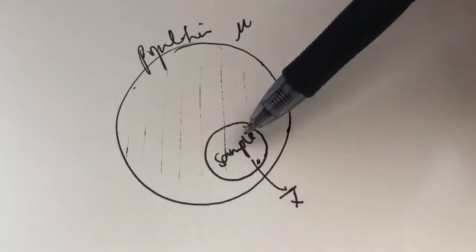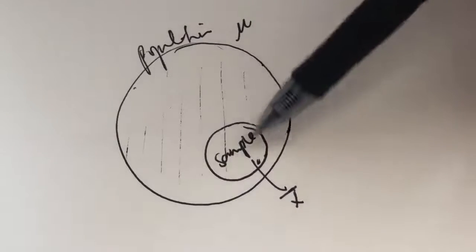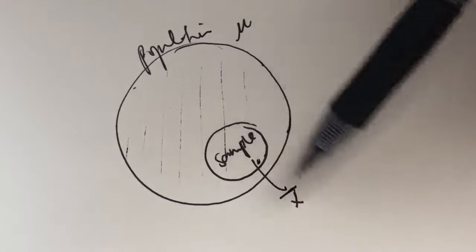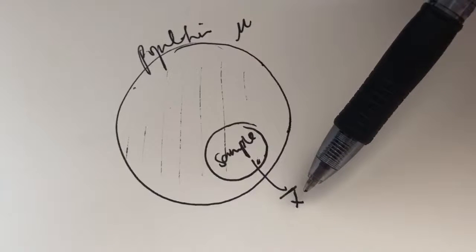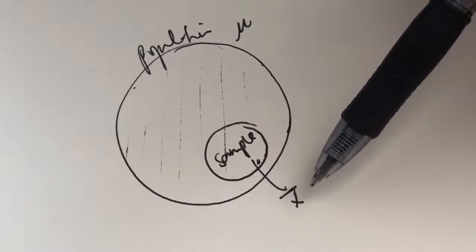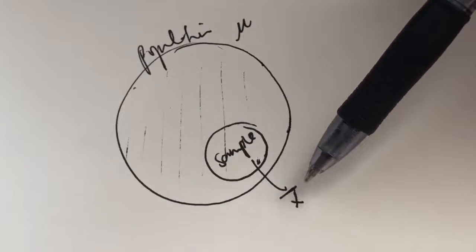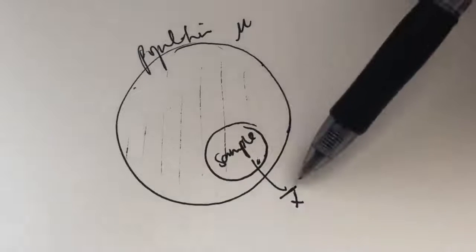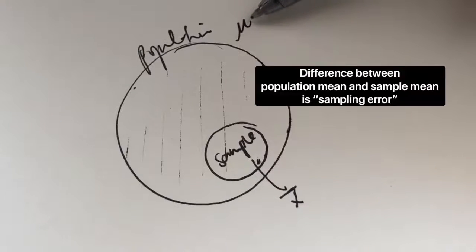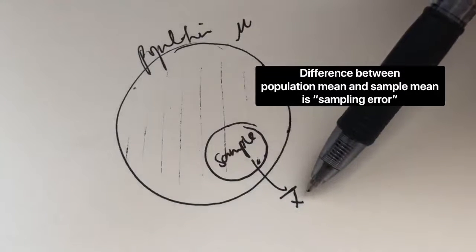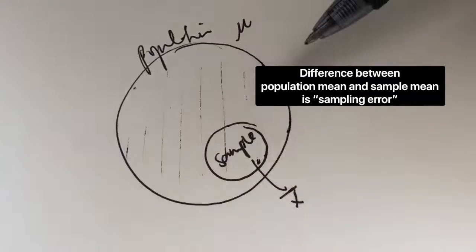Therefore, we collect samples instead. From our sample, we can also calculate the average, which is the sample mean or x bar. And we've also learned in the last topic, x bar is not usually equal to mu. The difference between the population parameter or mu and the sample statistic, x bar, is called the sampling error.